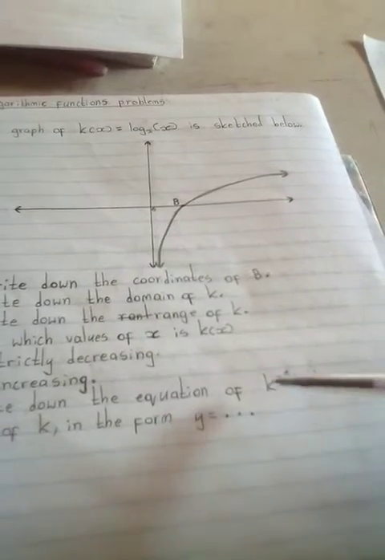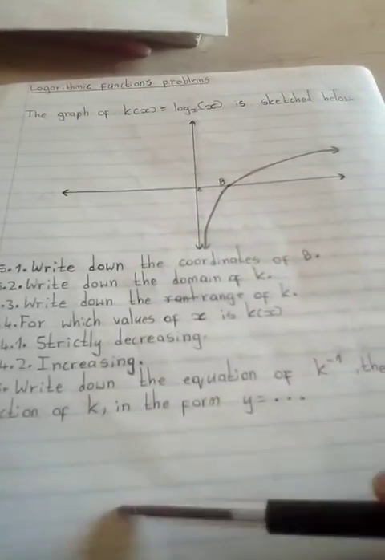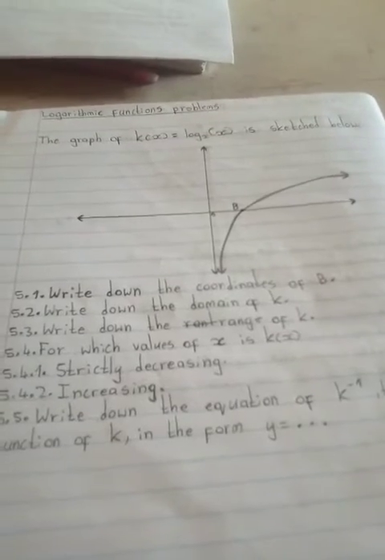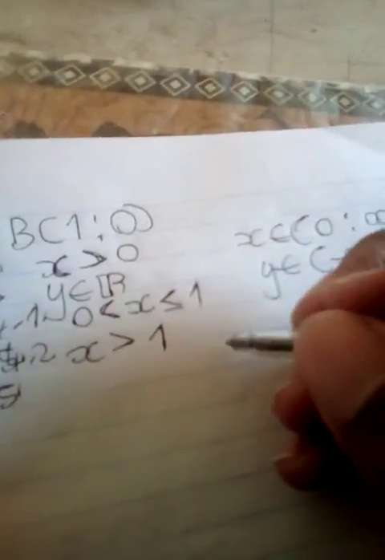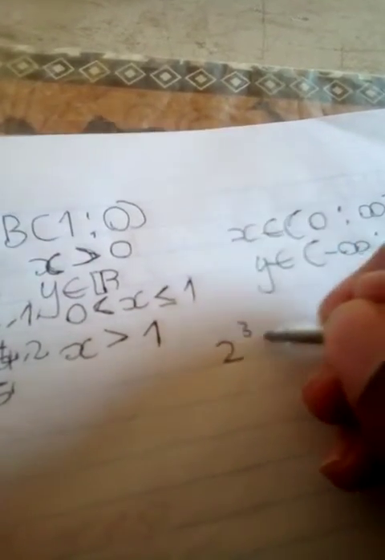5.5. Write down the equation of k inverse, in the form y equals. It will give us an exponential equation, but like I told you before, remember that 2 to the power 3 is equal to 8, so 3 is equal to log base 2 of 8.